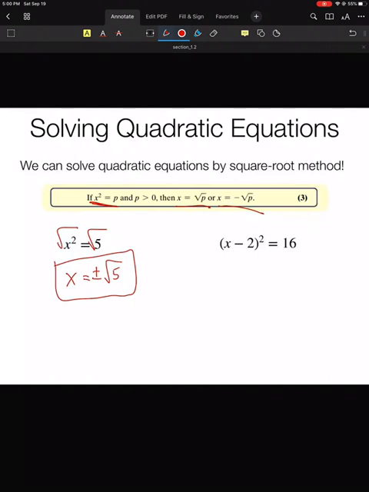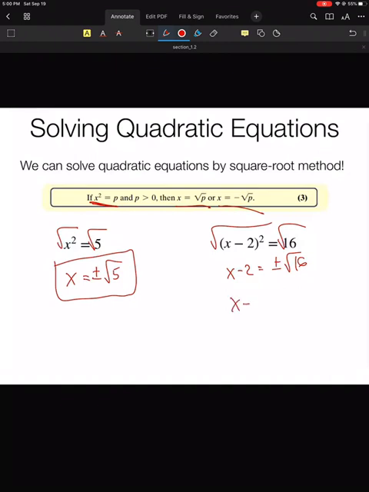On the right, we have something a little bit more complicated. Okay, we have x minus 2 squared equals 16. Now, in fact, it's not that bad. We do the same thing. We take the square root of both sides to get rid of the square. And so we're left with x minus 2 is equal to plus or minus the square root of 16. And remember that the square root of 16 is 4, or 4 squared is equal to 16.